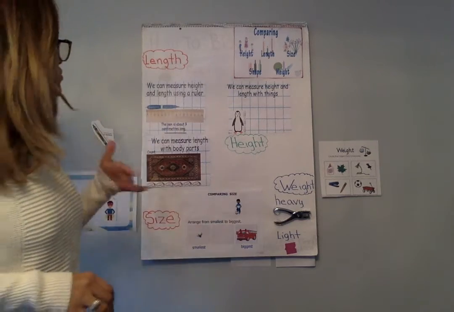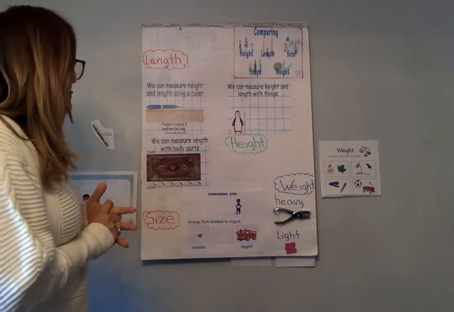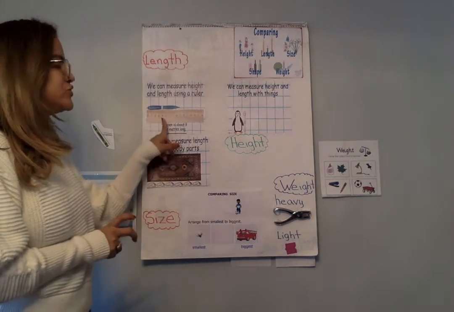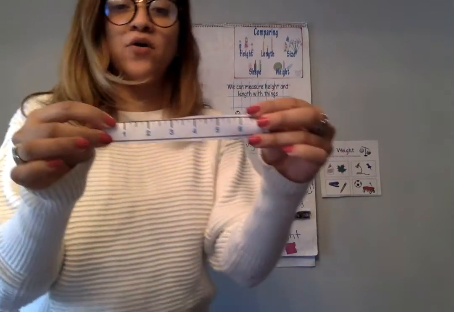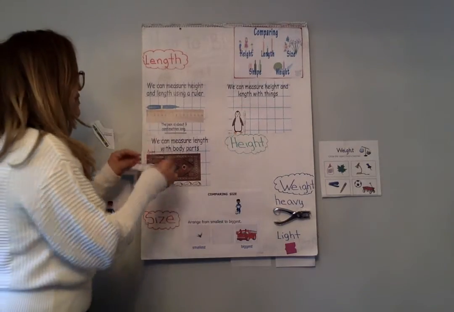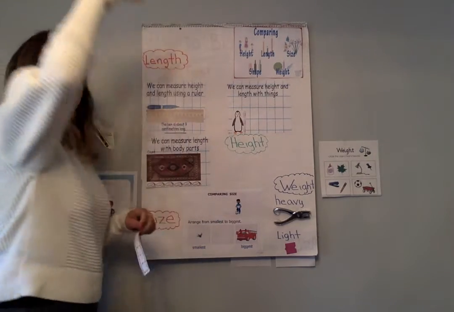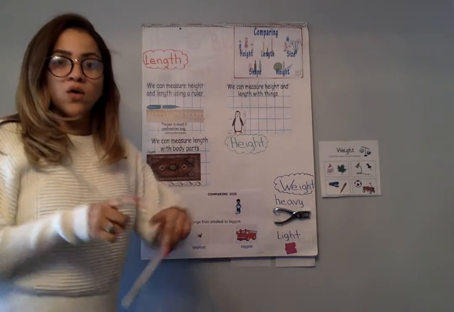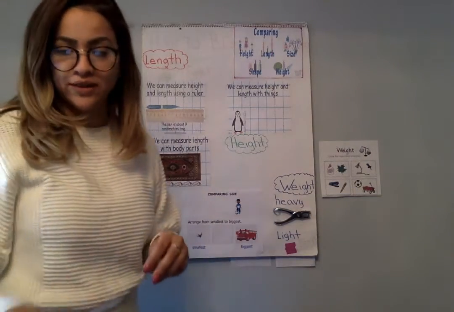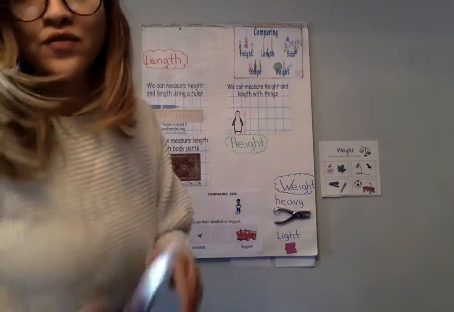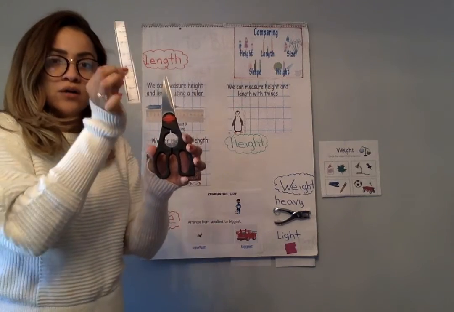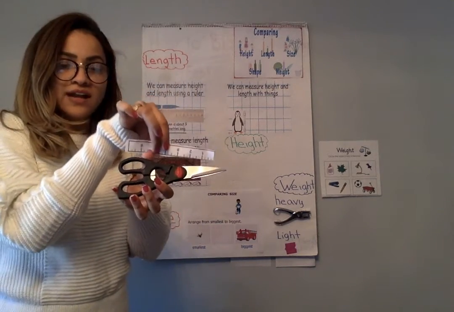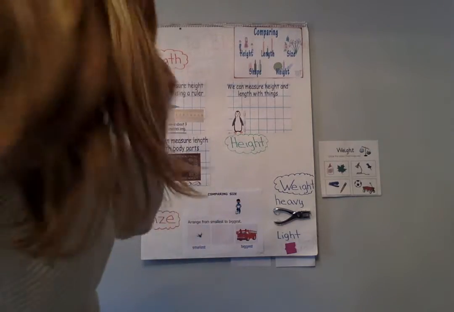We can also measure length and height using a ruler. Podemos usar una regla para poder tomar la medida de un objeto, la altura o la longitud de cualquier objeto. So if I wanted to measure the scissors, I can use my ruler for the height or the length, right?